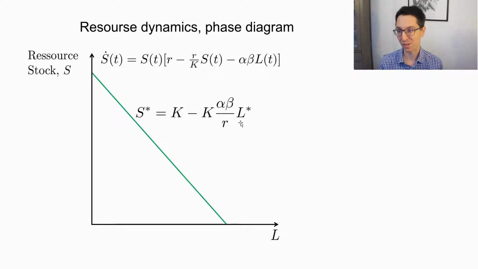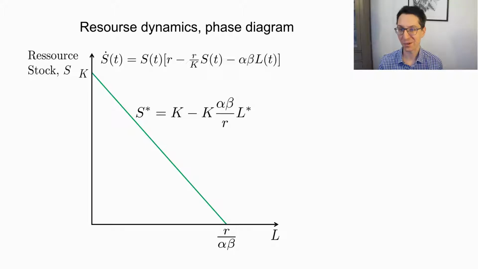Well, you just substitute L star with 0 here, and we find that, of course, S star equals K. So we know that the intercept here is K. The other is, if S star equals 0, then in that case we can divide by K on each side, and we find that S star must be equal to R divided by alpha beta. So let's go ahead and write these two values there. That's the limit of the dynamic of S in the sustained island case.